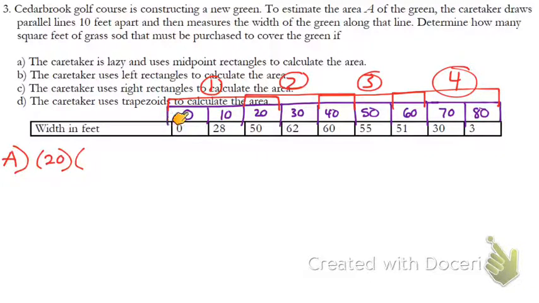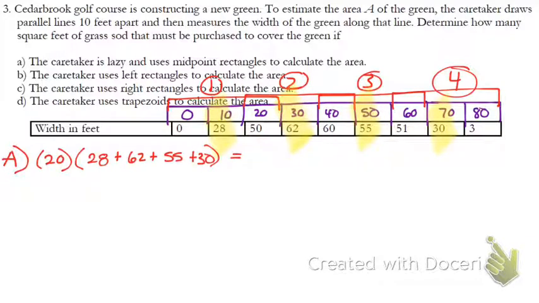The middle of 0 and 20 is 10, so we're going to use that height at 10. The middle of 20 and 40 is 30, so we'll use that height. The middle of 40 and 60 is 50, so we'll use that height. And the middle of 60 and 80 is 70, so we'll use that height. So for my 4 midpoint rectangles, my heights are, or I guess these are widths, but that's okay, 28 feet, 62 feet, 55 feet, and 30 feet.